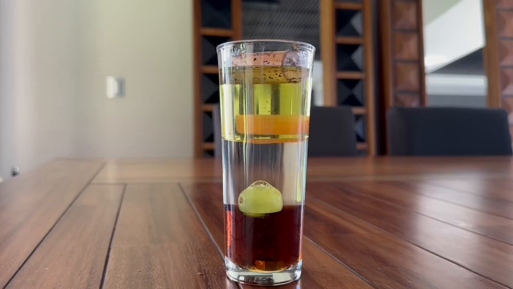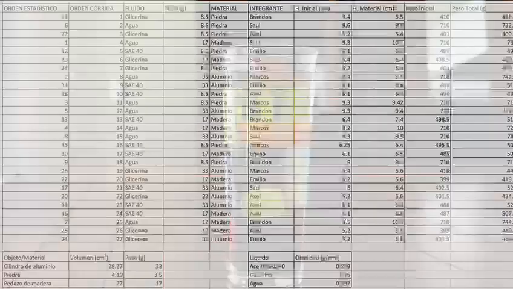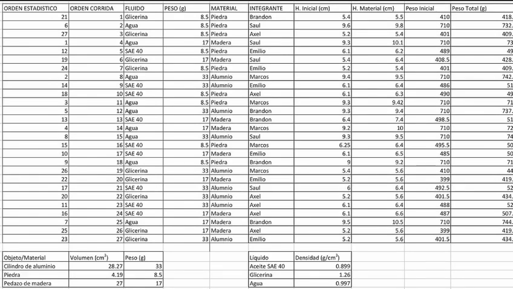We also recorded the initial weight of the material and of the fluid in the recipients, and then the total weight when we dropped the material or object. With this data, we obtained the volume of each of the objects, and we also got the density of the liquids that we used, which are the oil, the glycerin, and the water.